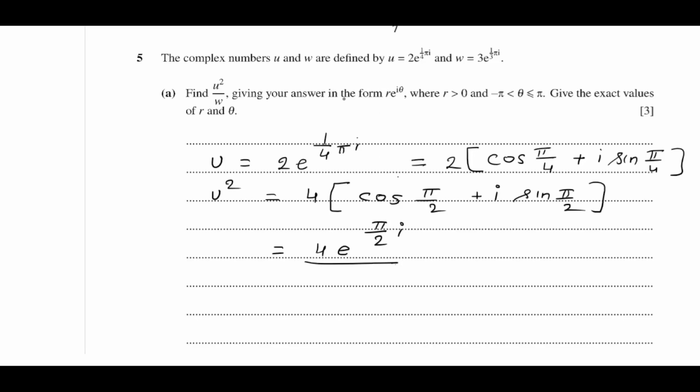Now I have to find u squared divided by w. The angle should be between minus π and π, so I want a solution greater than minus π and less than plus π. If I go clockwise, this is minus π, and if I go anti-clockwise, this is plus π.